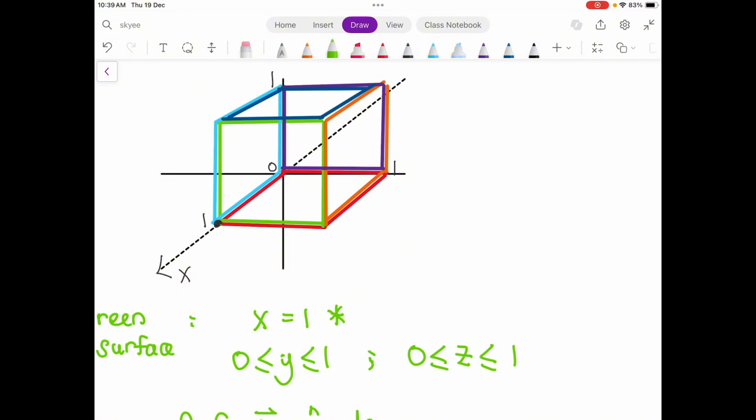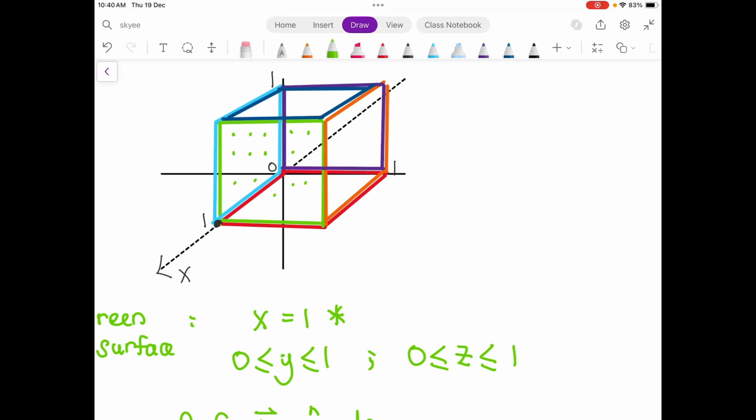Why not imagine this cube is filled up with water, and you make the surface have many holes, so the water will burst out from the holes. When the water bursts out, it is like the flux of the water coming out from the surface.